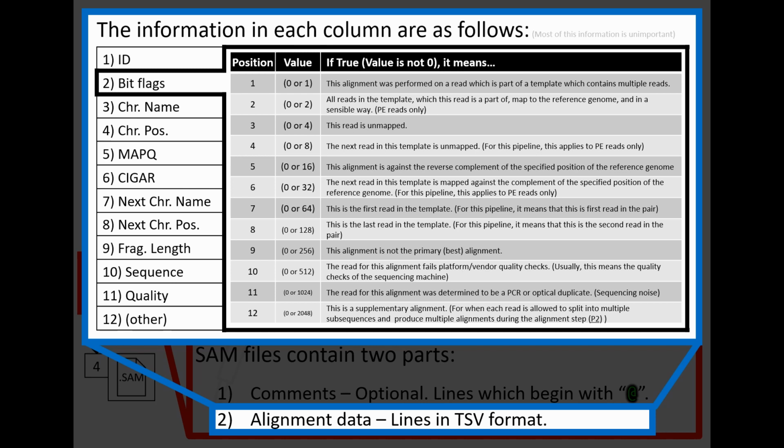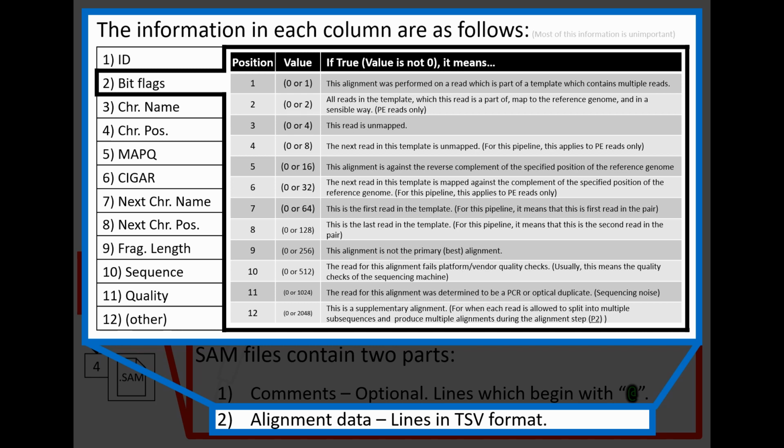Now, let's talk about the bit flags and what they mean if set to true. The first flag indicates that this alignment was performed on a read which is part of a template which contains multiple reads. The second flag indicates that all reads in the template, which this read is a part of, map to the reference genome and in a sensible way. The third flag indicates that this read is unmapped.